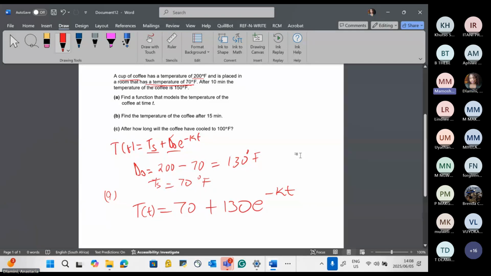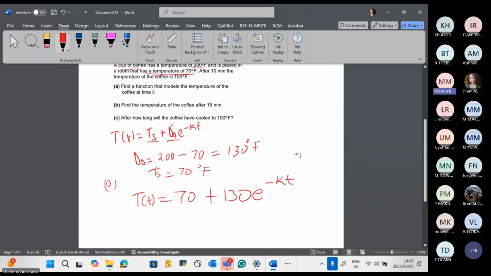You substitute T as 150. Then 150 is equal to 70 plus 130 e raised to negative 10k.